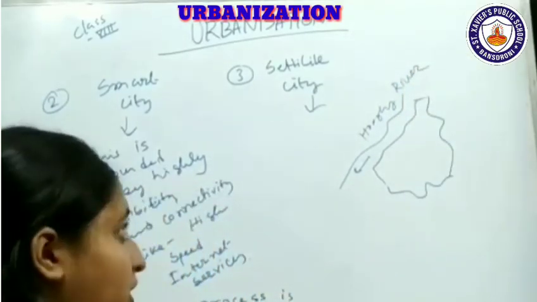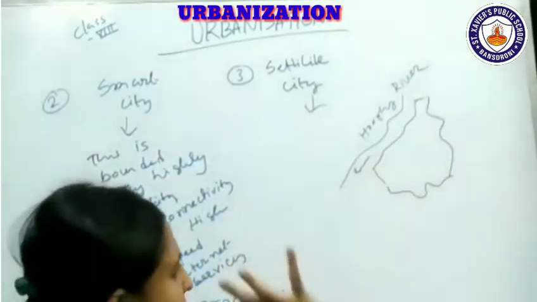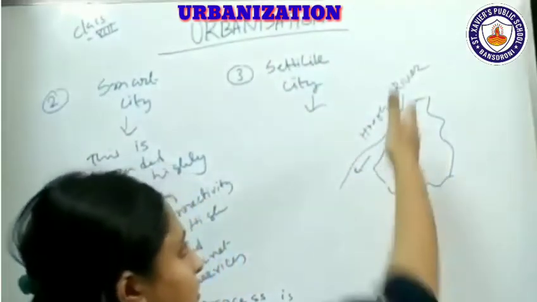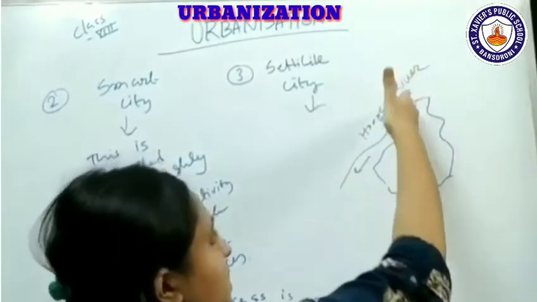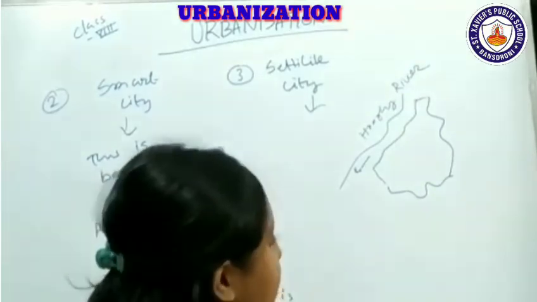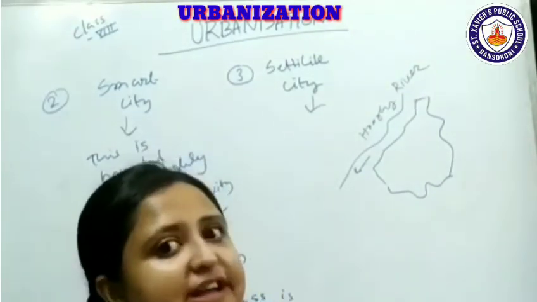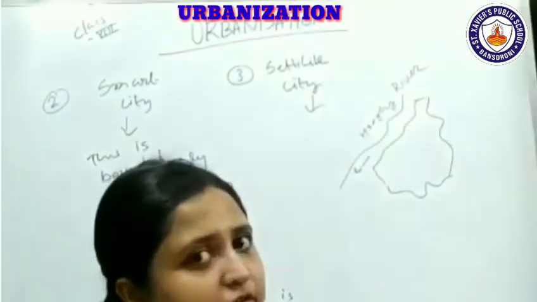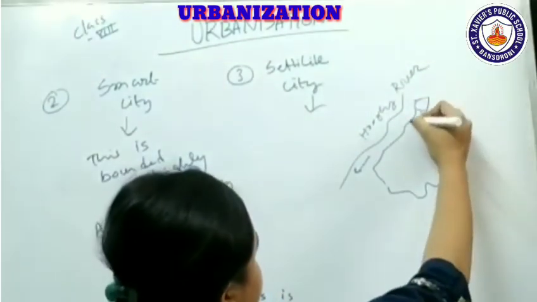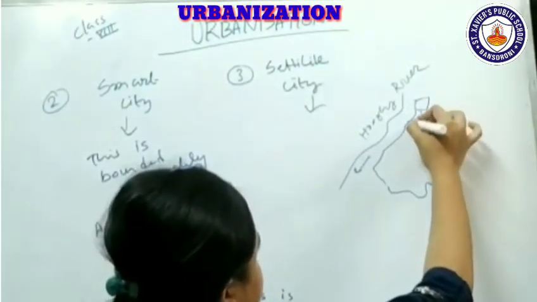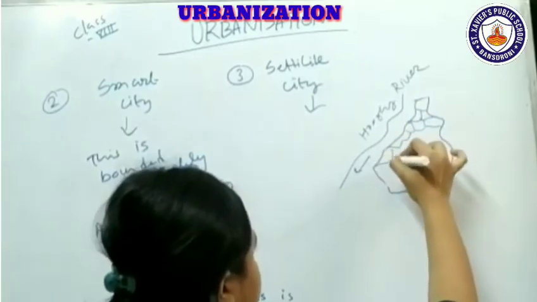If you consider the Kolkata map, it looks like this shape. The Hooghly river crosses over it, and the Kolkata region is divided into several blocks and several wards, right? I will make rough blocks.